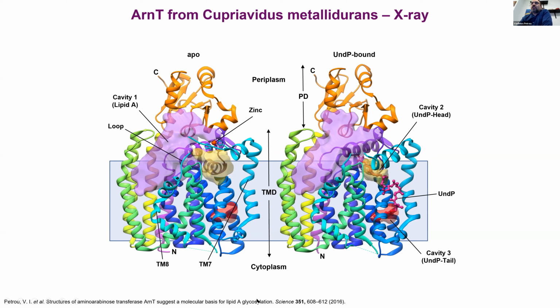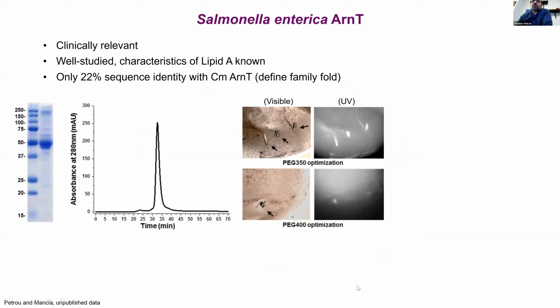It was natural to hypothesize that this is potentially the site that lipid A binds to accept the sugar from the donor, but we didn't know that for sure. So we wanted to find out, and in order to do so, we decided to switch targets, because the identity of lipid A from Cupriavidus is not characterized. So we wanted to switch to a species that was more characterized in terms of the lipid A and also more clinically relevant.